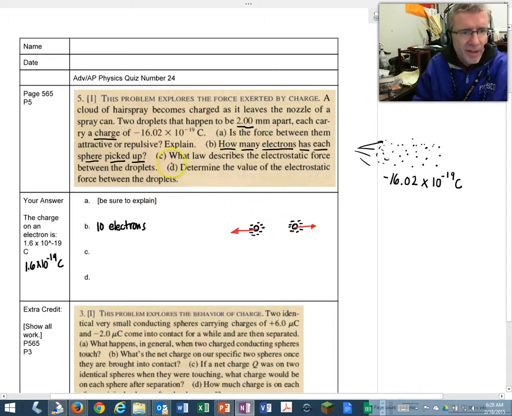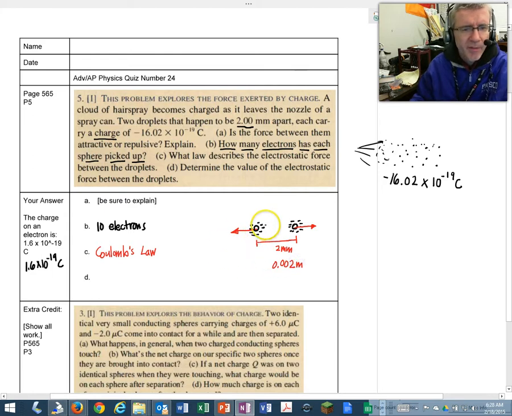Alright, and then what law describes electrostatic force? It's called Coulomb's law. It's one of the topics that we're studying right now. And furthermore, if these charges are separated by 2 millimeters, or 0.002 meters, then we can figure out what the force on the charge is, F sub c.